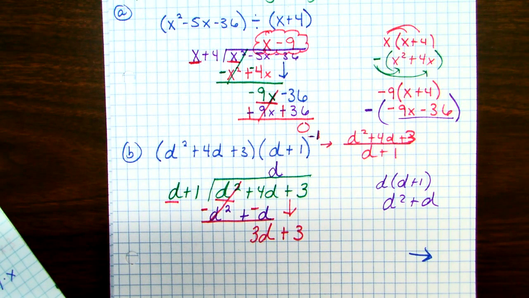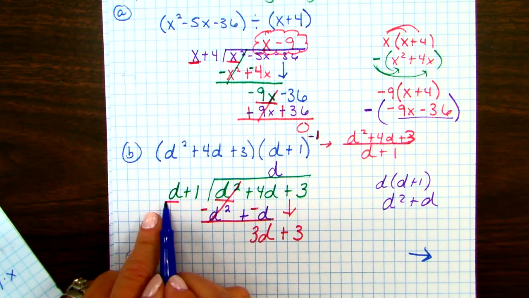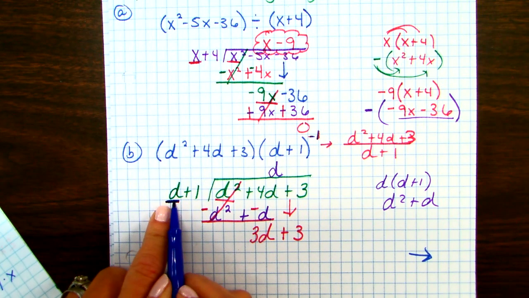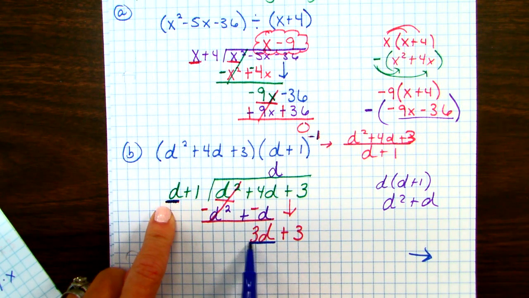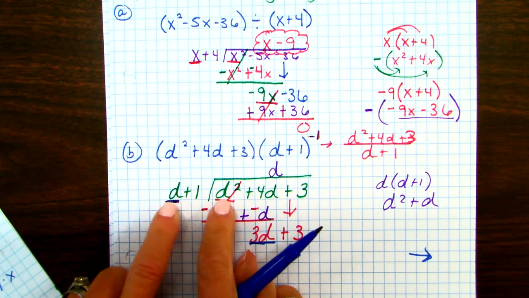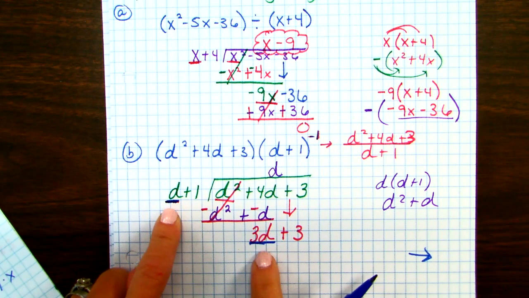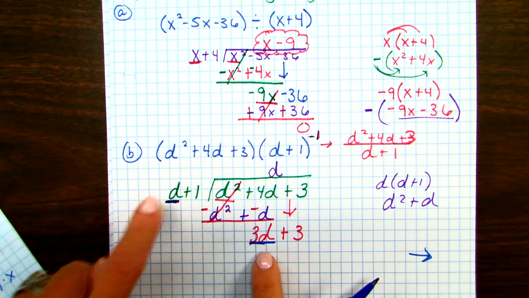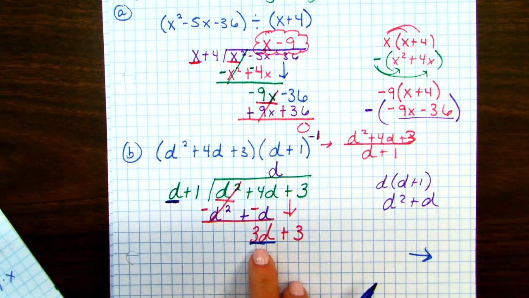And again, this is where students get stuck. What times, it's always this guy. This is the same. You always use this, but we just have a new first term here. So it was these two in the beginning, and now it's these two. Okay? What times d gives you 3d? Positive 3, right?